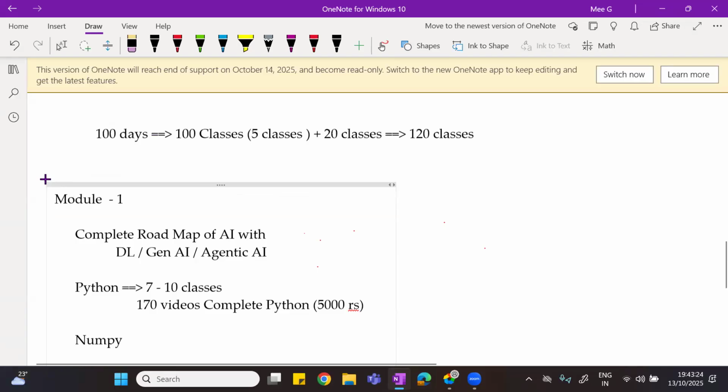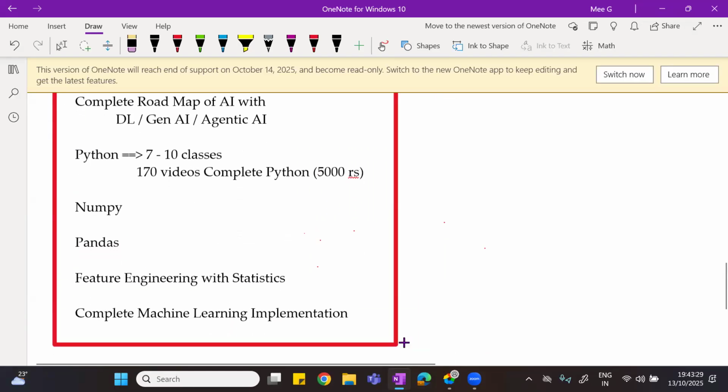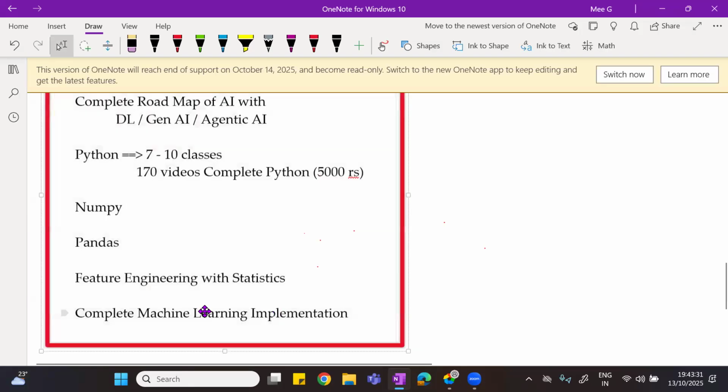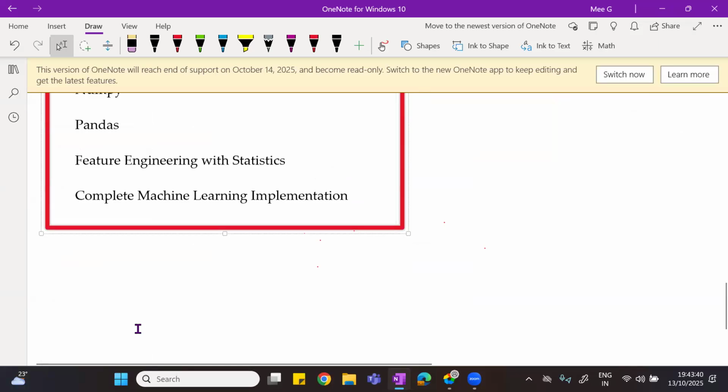They were feeling that they were not able to do the ML, even though they are very confident. They wanted an ML boost so that they can take it to the next level. Now this is about our module 1.